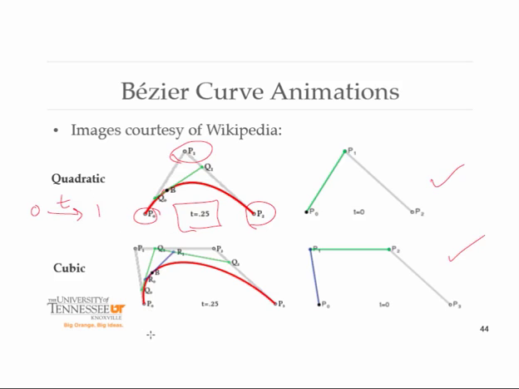And this is a little more complicated because now what you're doing is a linear combination of 2 quadratic Bezier curves, and what we're showing is, again, a curve starting at P0, now ending at P3 because it's cubic. And what we're illustrating here is the position that you're at on the curve, for a quadratic Bezier curve, which again is a linear combination of two.